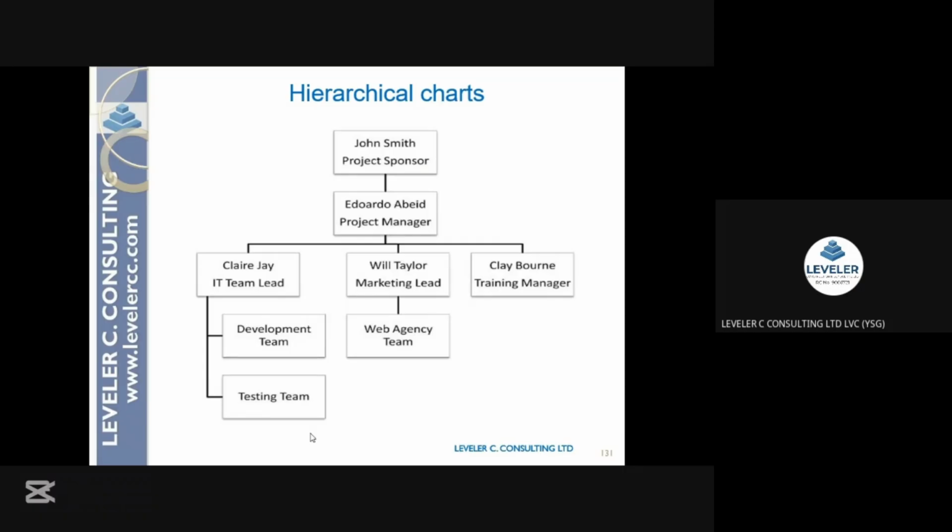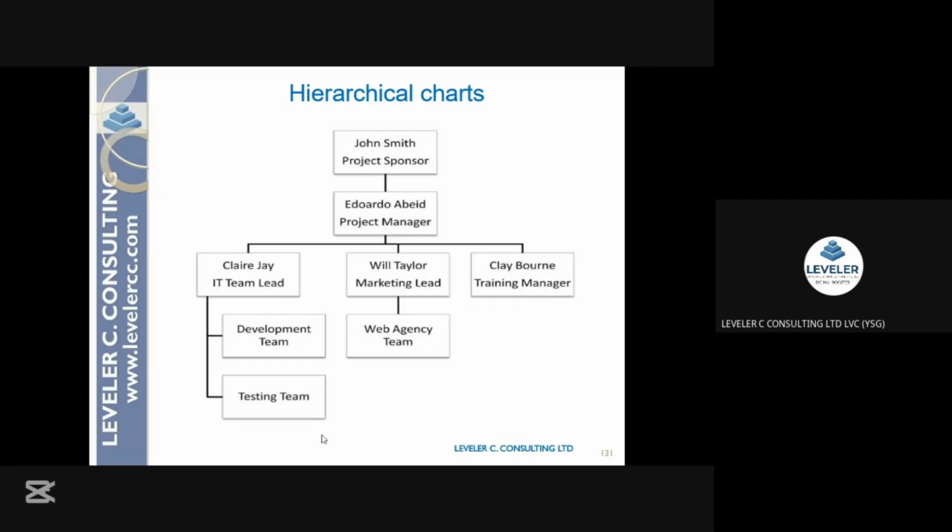The testing team also reports to Claire. You understand? So in an organogram, this is how it's going to be: who reports to whom. Remember, we are looking at plan resource management, and the highest part of your resource is the human being, which is the labor. Do you see how we are now planning for our human resource management?